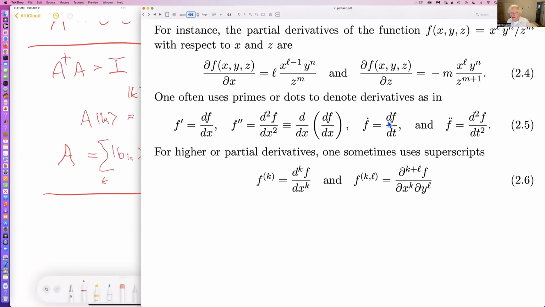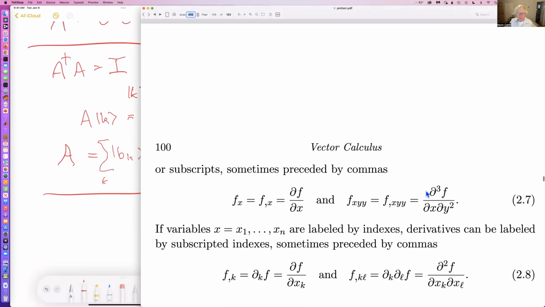F dot is notation for time derivative. That was Newton's notation, actually. F double dot is the second time derivative. Sometimes one uses F parenthesis k parenthesis for the kth derivative. And if you have a function of two variables, F_kl is a double partial derivative.